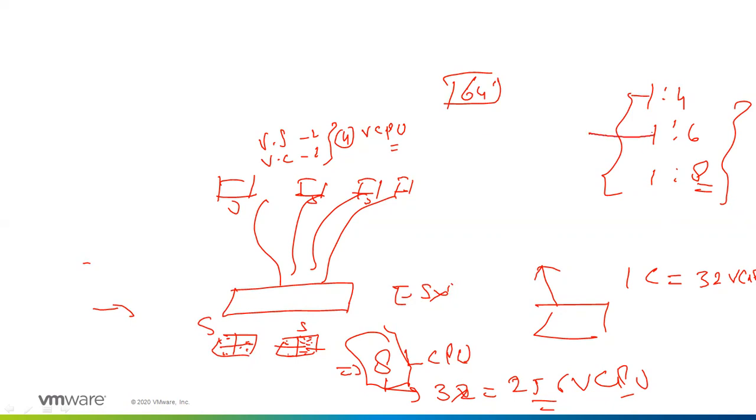Again, same example. Initially, you take some ratio. Keep monitoring your CPU utilization. If it goes beyond, reduce it. And if usage is lower, increase it. Got it? Let us suppose you take 1:6.